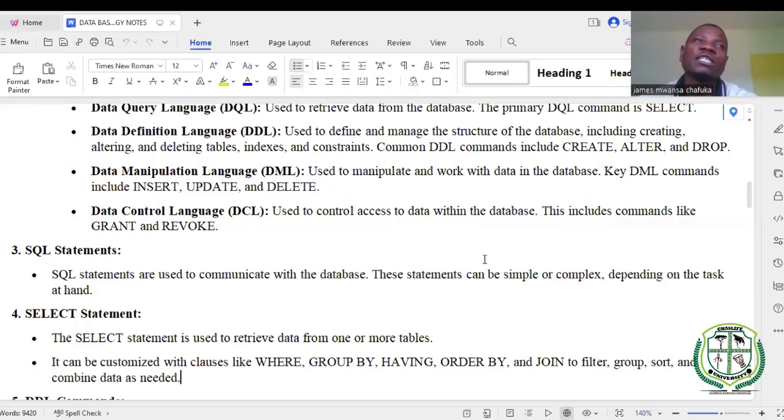In short, it can be very difficult for you to communicate with the database without the use of SQL statements.